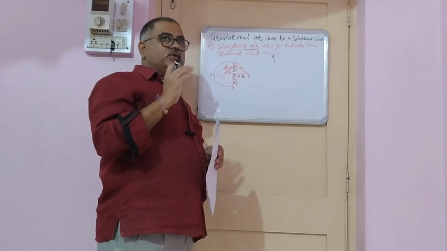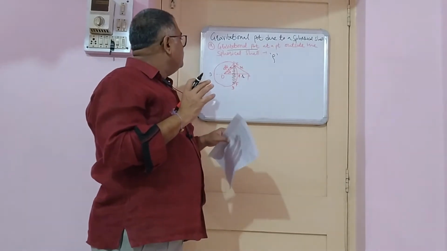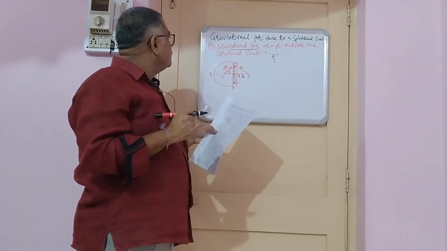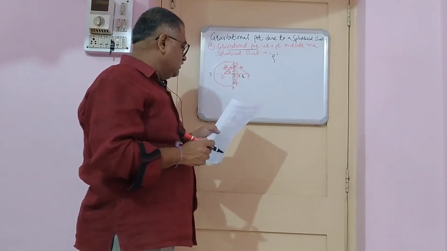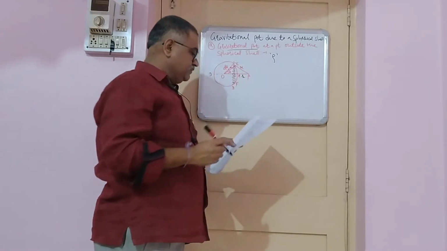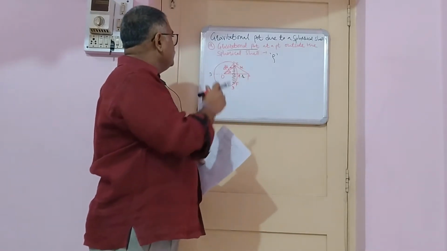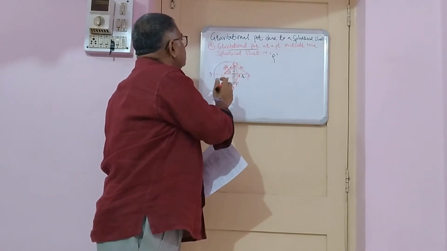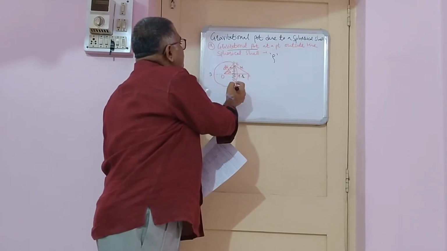Now we will make a geometry by which we will get the idea. We will join here OP, already it is joined, and we will cut out a slice CEFD.